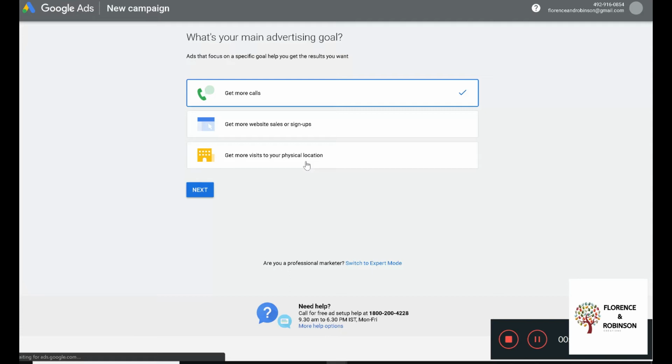Usually, if my clients are healthcare practitioners or dental surgeons, I would prefer to choose phone calls as their goal, because fixing appointments over phone calls would increase their conversions. But if my client is from an e-commerce background, where sales happen on the website, I would choose website as the goal.